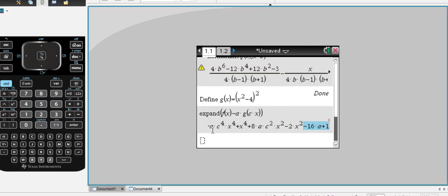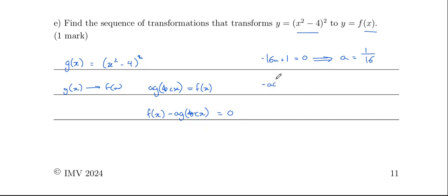And then when we look at the coefficient for x to the power of 4, which is negative a c to the power of 4 plus 1, this also has to equal 0. But then again, a is 1 over 16, so this becomes negative c to the power of 4 on 16 plus 1 is equal to 0, which means that c is equal to 2.